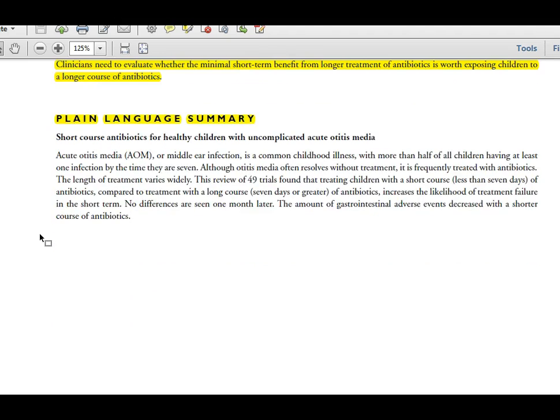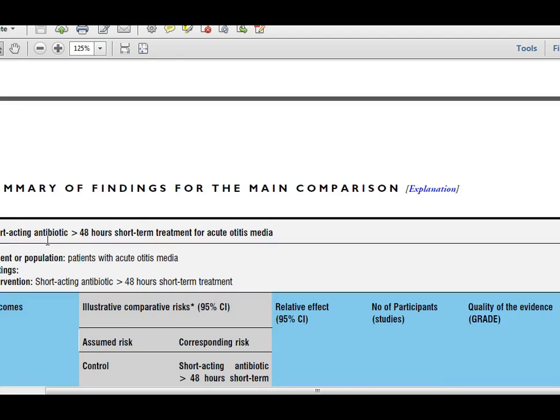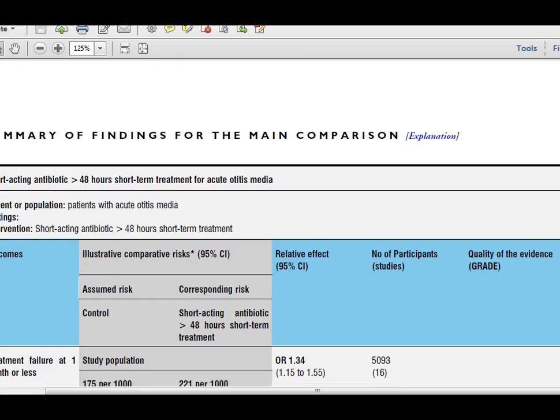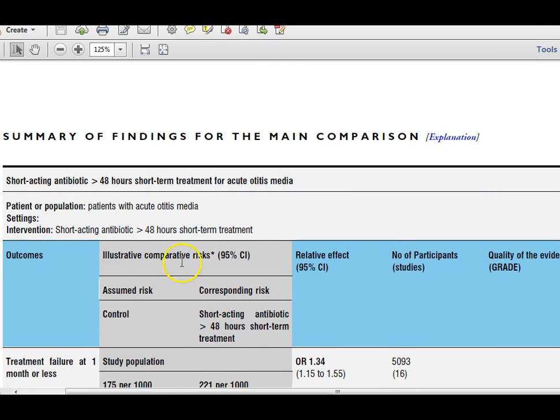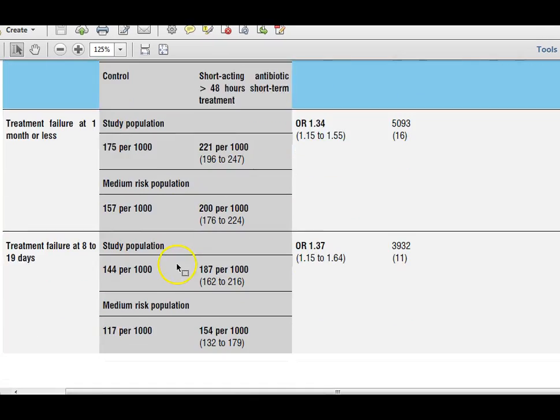There's always a plain language summary in these Cochrane reviews and additional data that you can see here, oftentimes laid out in a table.